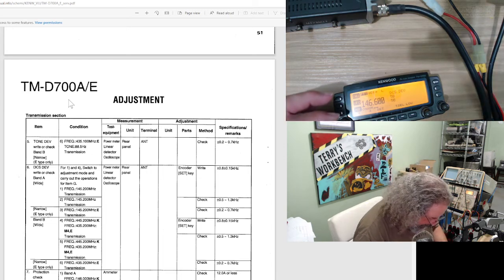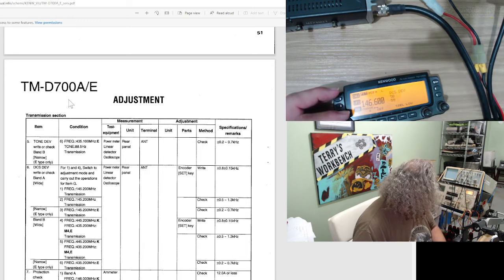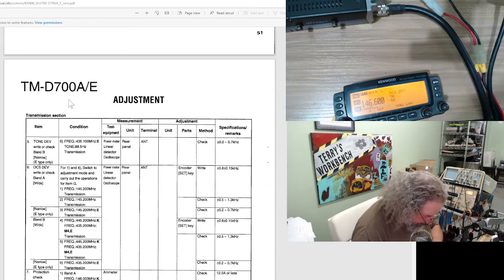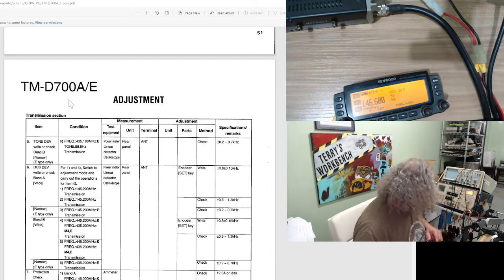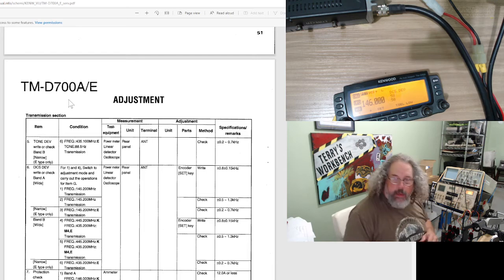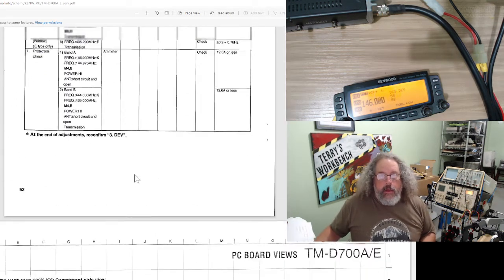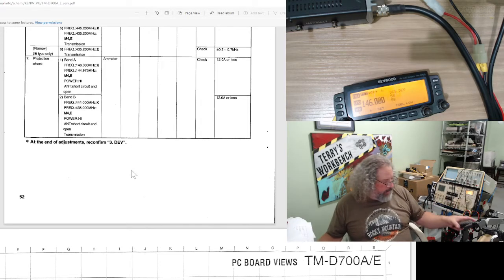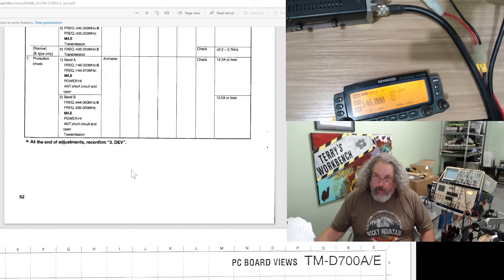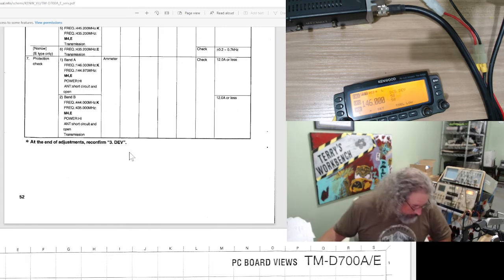That one also high. All right, there we go. Okay, all right. Looking good. And yay, that's it. We have now done, as best I could do, an alignment of this radio.